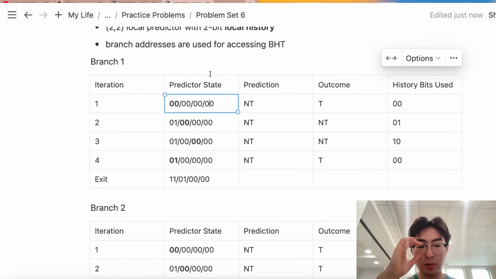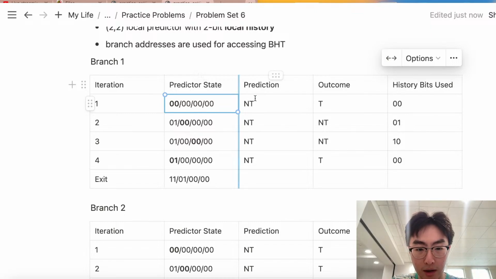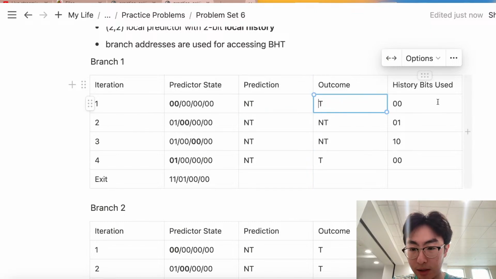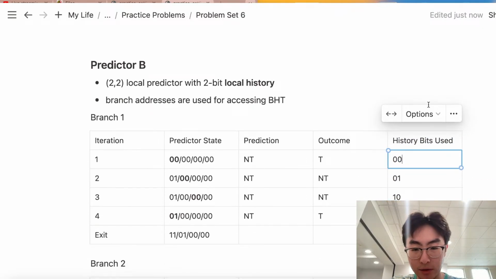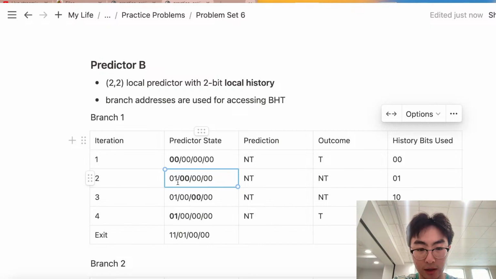Let's just go through branch 1. So start out with fresh predictor states, all not taken. We make a prediction of not taken, and the outcome is actually taken. So the history bit, because in the previous problem statement I said that we just assume the initial history bit is just 0, 0. So we index our predictor state by 0, flip the bit by 1, get to our next state. The next history bit then, because we're using local, is now 0, 1, because we have taken and then not taken. So we then index this. Nothing changes because our prediction and our outcome are both not taken.